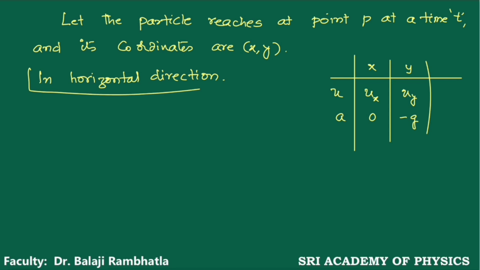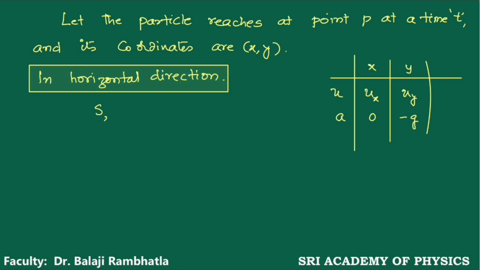In horizontal direction, first you calculate the displacement of the particle along the horizontal direction. You can represent it as s is equal to ut plus half at square. So uxt plus 1 by 2 at square. Here, what is ux value? u cos theta.